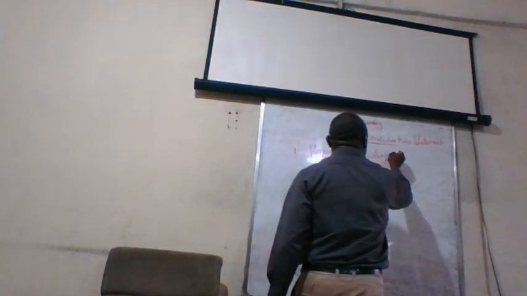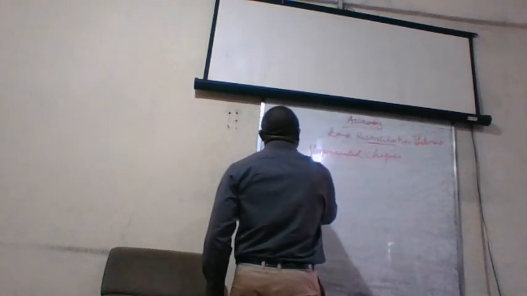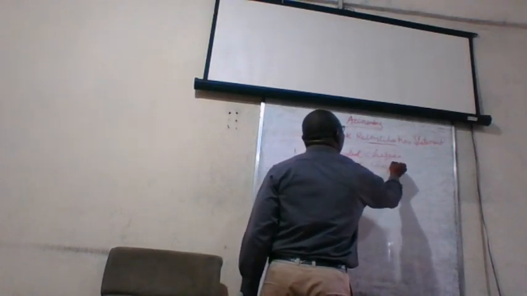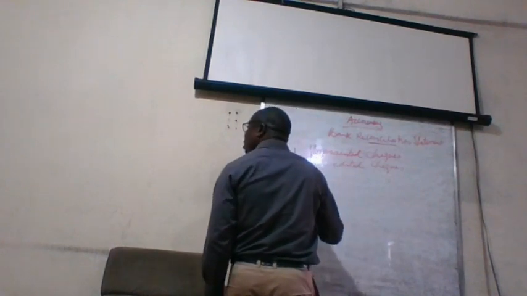Number one, unpresented checks. Number two, uncredited checks. Number three, dishonored checks.